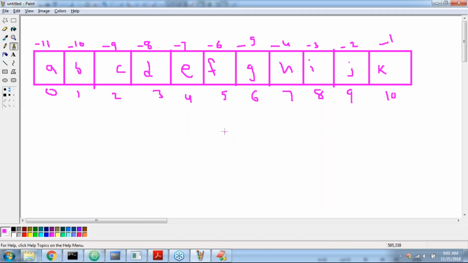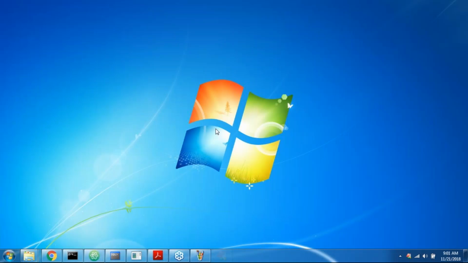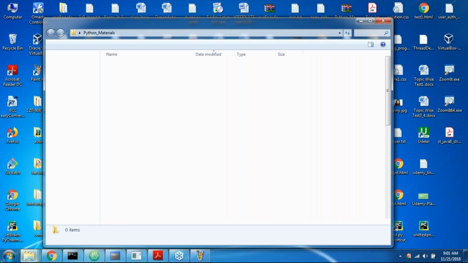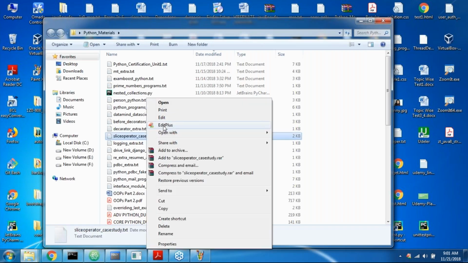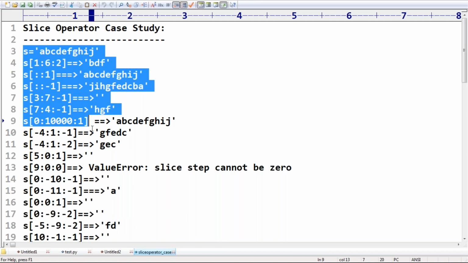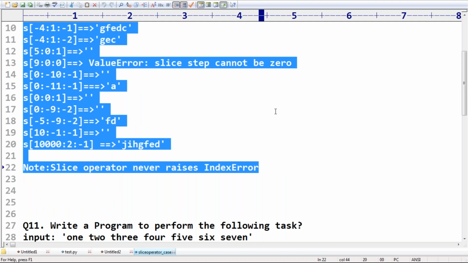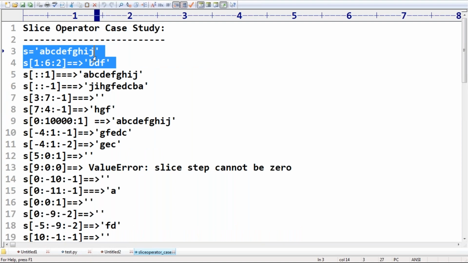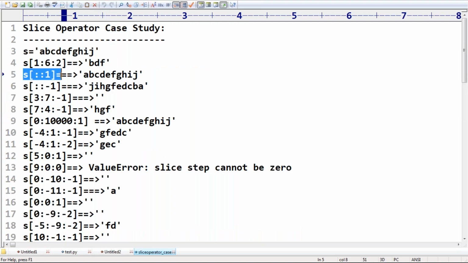Sir, anyway, on the safe side, I saved one small case study which may not be available in our materials. Just one small execution case study. Can you please observe that? What will happen with colon colon 1? Colon colon minus 1?